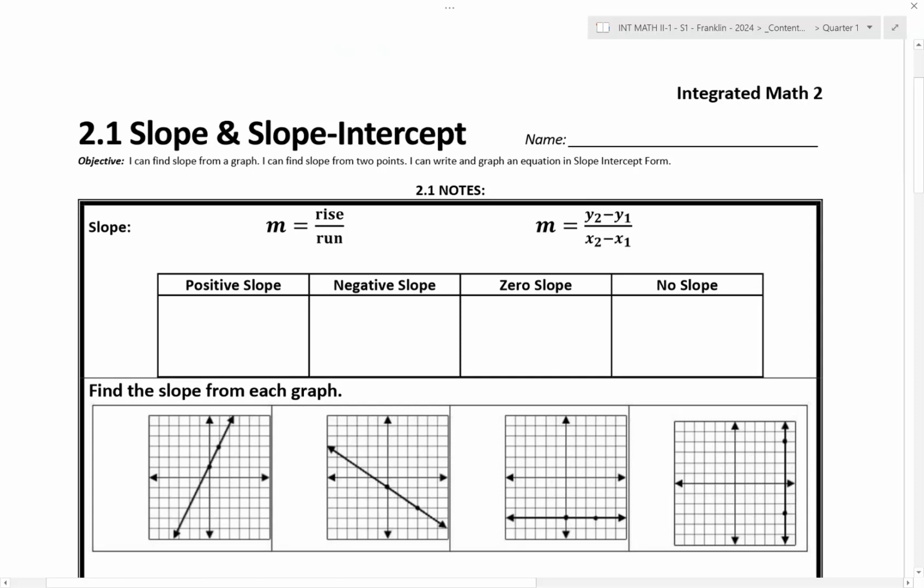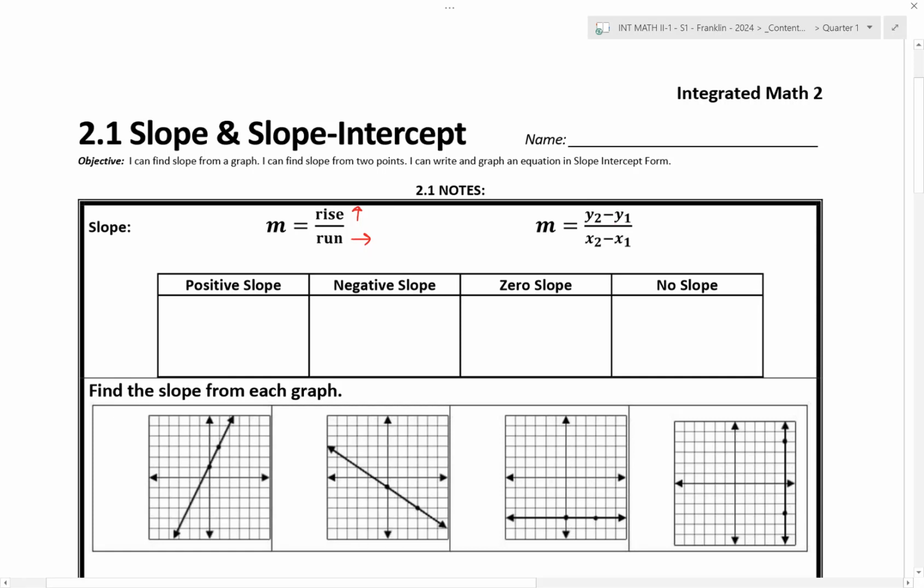It's the ratio, which is a fraction, of rise over run, of the change in y over the change in x. So it's the vertical distance over the horizontal distance. So rise over run is a great way to remember that. Rise is your vertical, run is your horizontal. There's also a formula to use when you know 2 points, and that's y2 minus y1 over x2 minus x1.